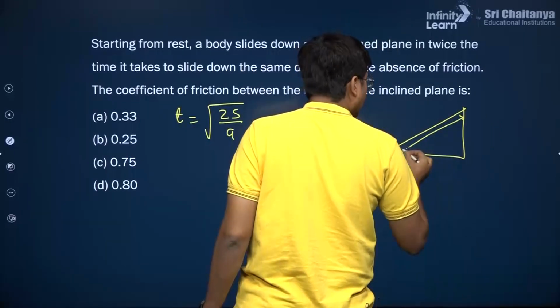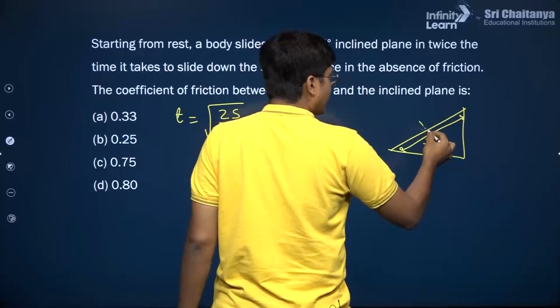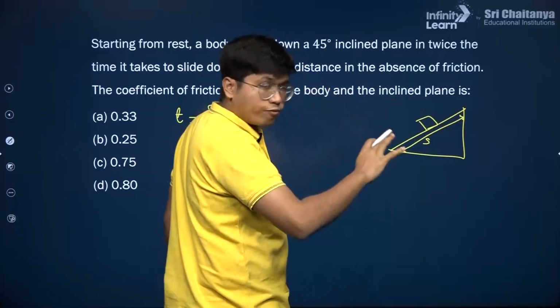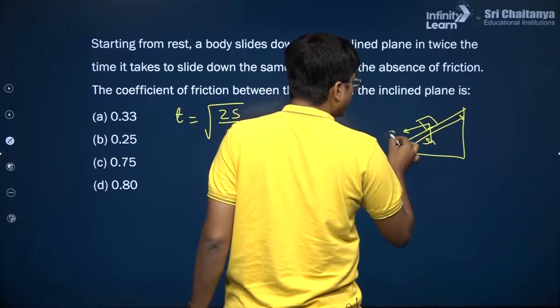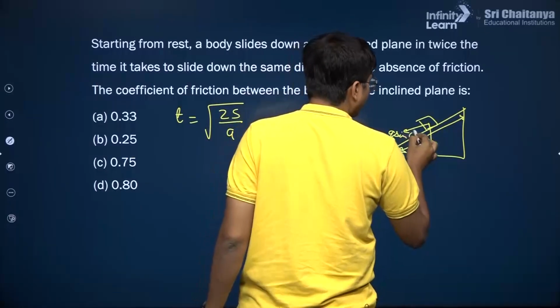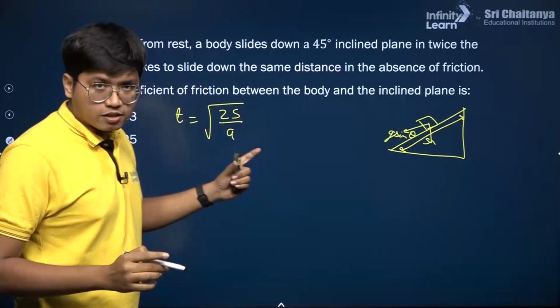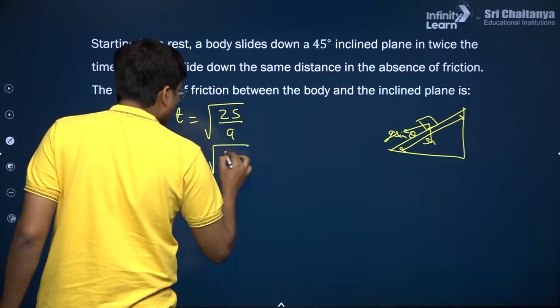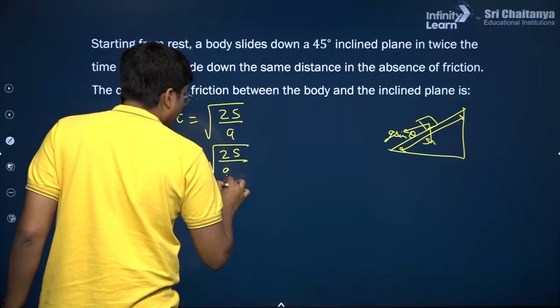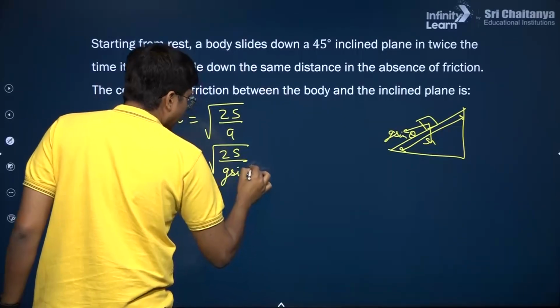The length is s, but the acceleration, even when there is no friction, will not be g. It will be the component of g in this direction, which is g sine theta. So in the smooth case, you would have the time Ts is equal to root over of 2s divided by g sine theta.